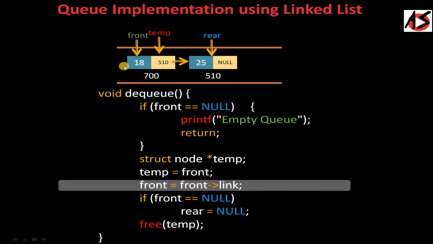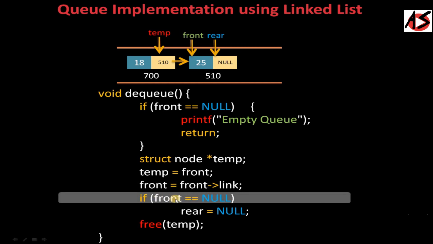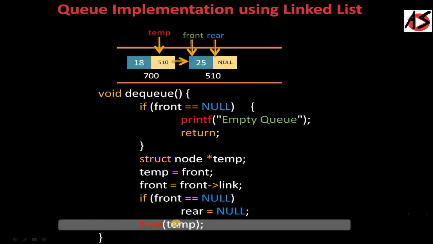Your front is here and its link is 510, so you update front to the new address, that is 510. Now you check another condition: if front is equal to null. Front is not null because it is 510, so you go to the next line, that is free temp. You are freeing the memory here.